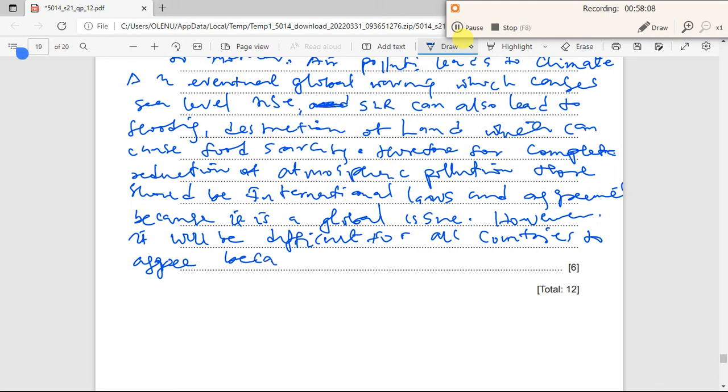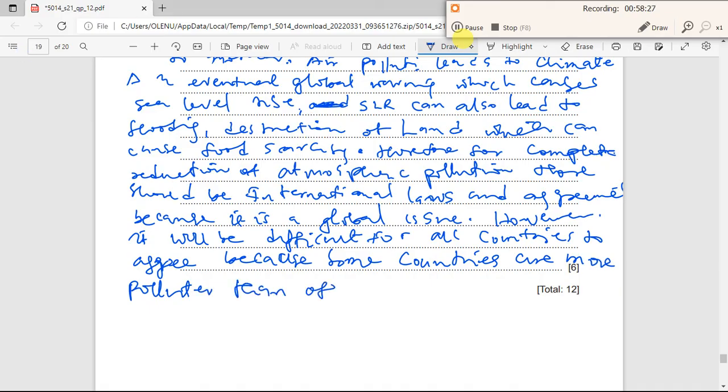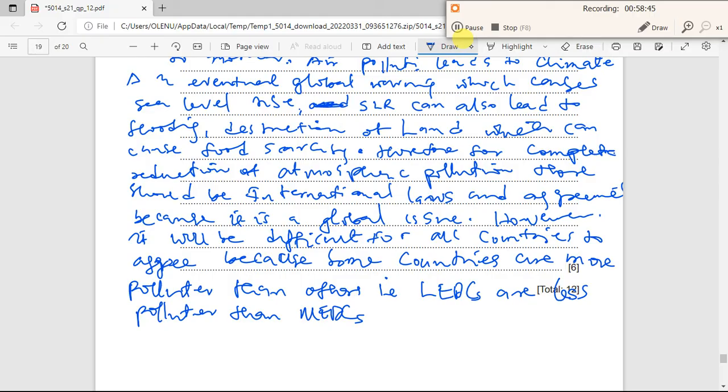Because some countries are more polluters than others, i.e., less economically developed countries are less polluters than more economically developed countries because of less industries.